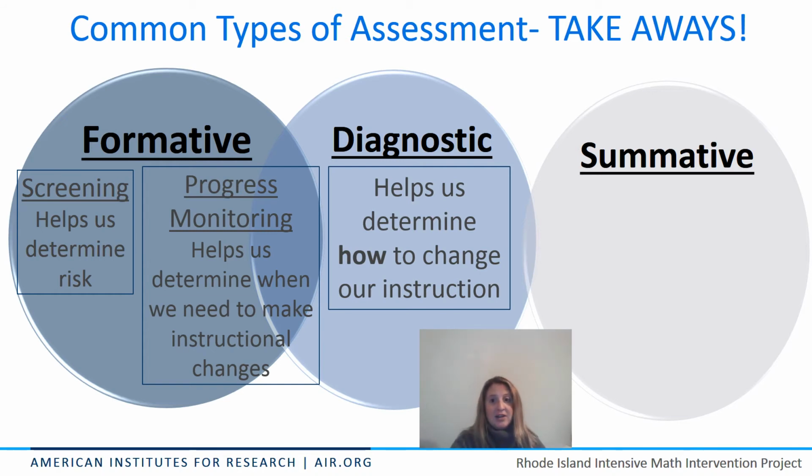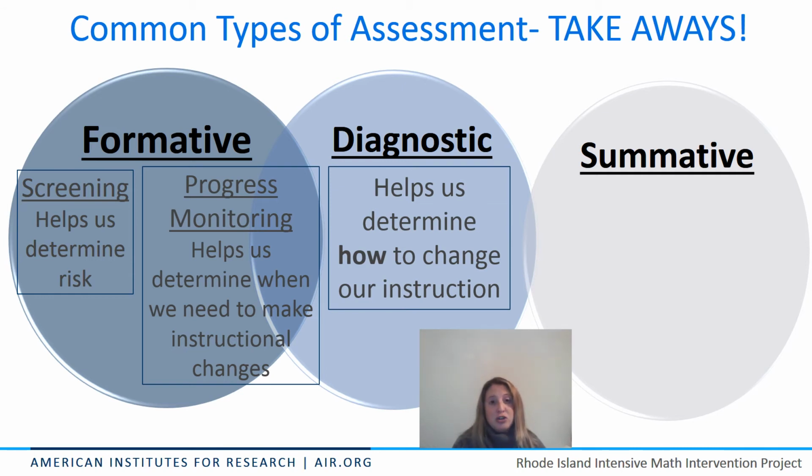When using diagnostic assessments to determine how to change the instruction to support groups of students, first start with informal formative assessments. Progress monitor to determine responsiveness, and then use formal diagnostic on individual students that are consistently non-responsive.